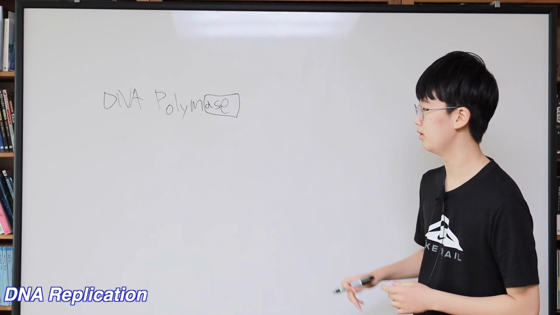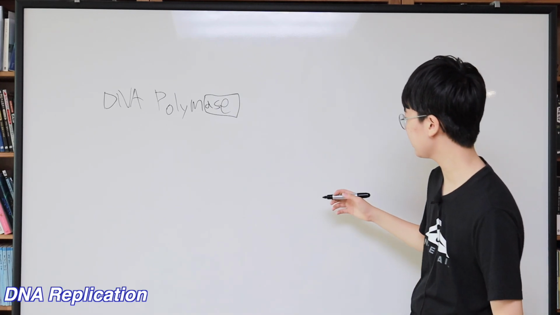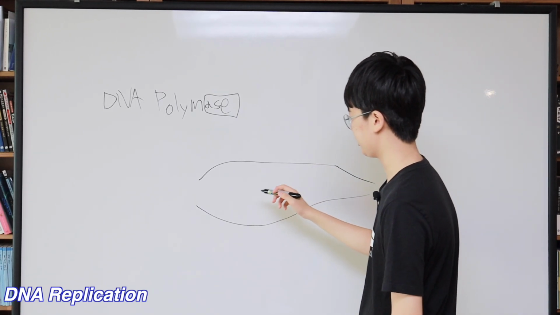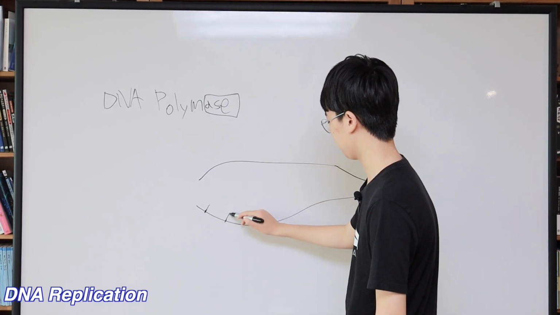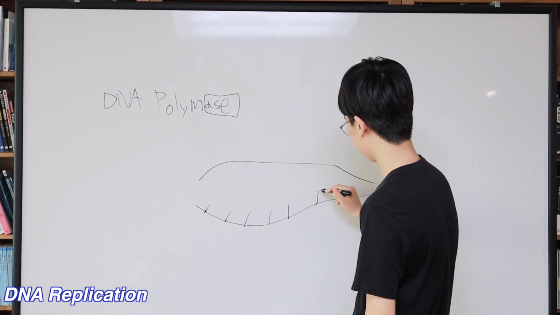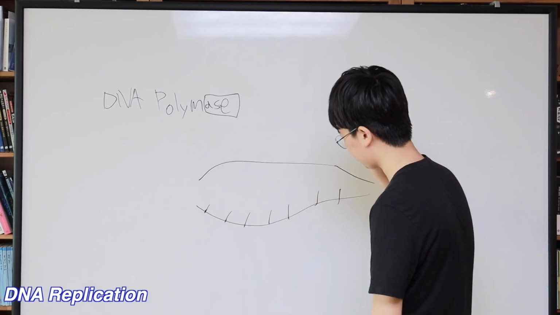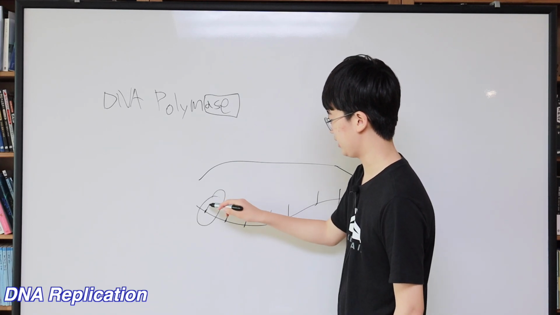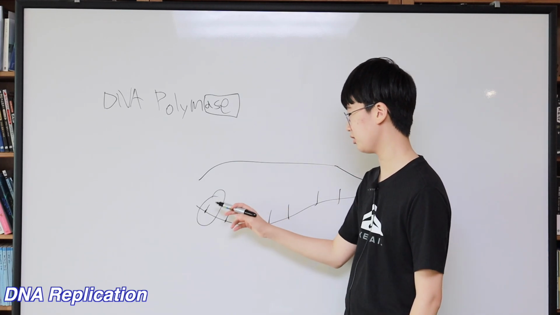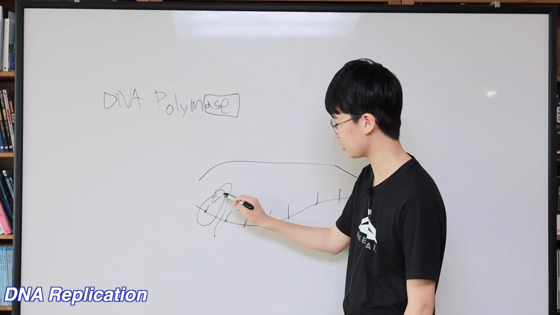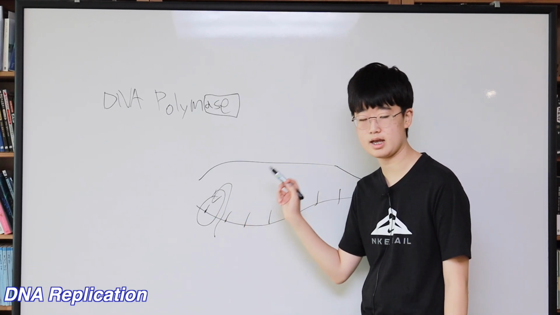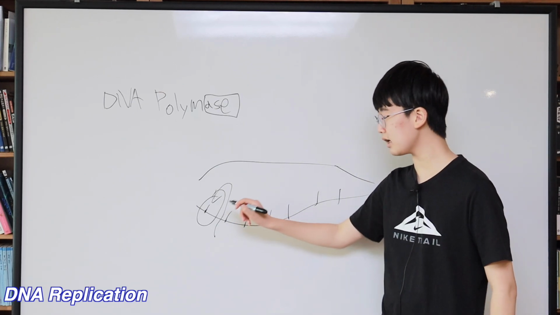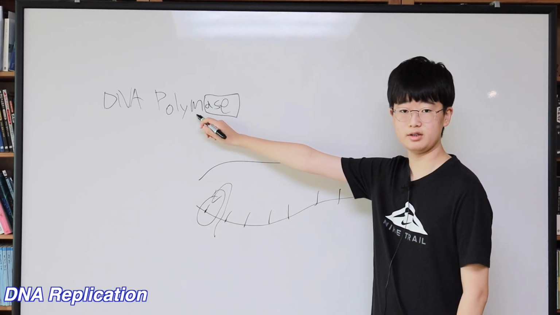So a bit earlier on, I said that if this is an unwound DNA strand, here are the nucleic acid bases. Of course on the top too, I'm not going to draw those though. So I said there is a protein, and the protein puts the NTP onto the already existing nucleotide, and that protein is DNA polymerase.